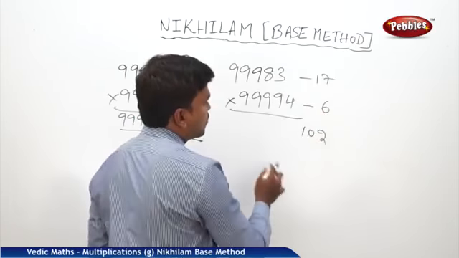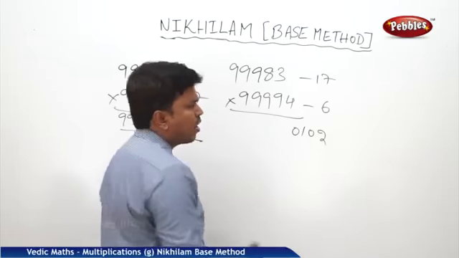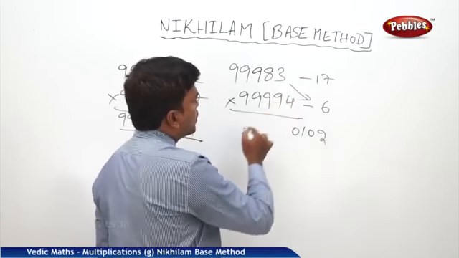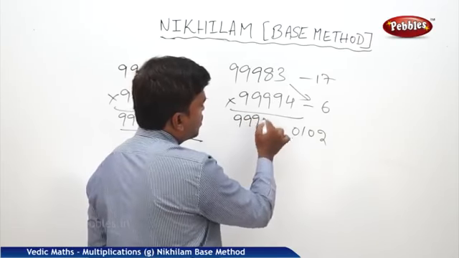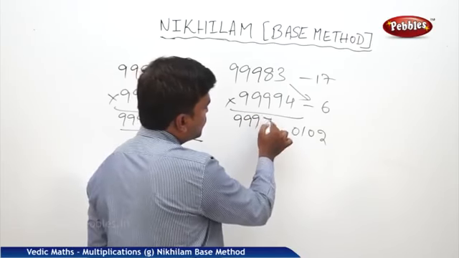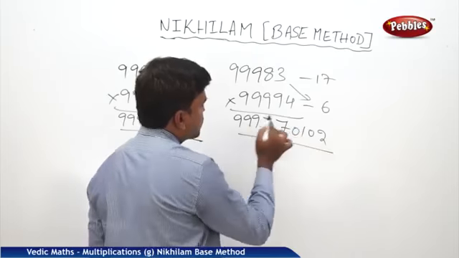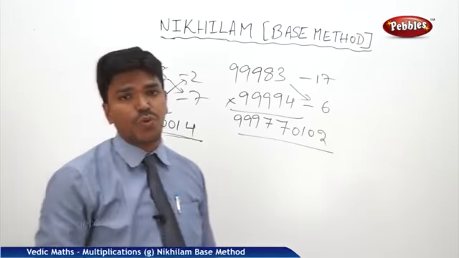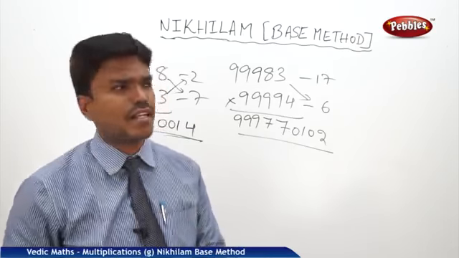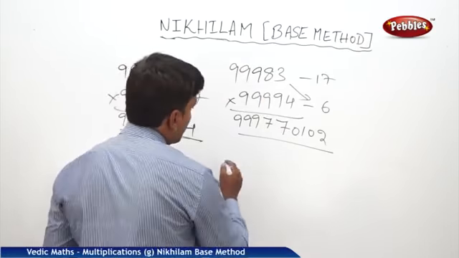Anyway, minus into minus is plus, but it is 0102. Now how much? 99983 minus 6. So 999, how much? 77. So the answer is 999770102. Like this we can do it within a single line.